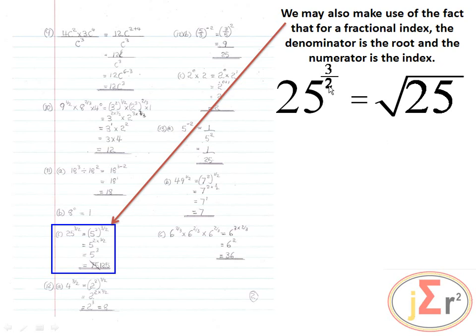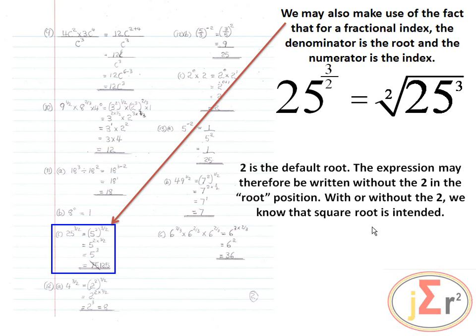The denominator is 2, and that will be the root, and the numerator is 3, and 3 is no doubt retained as the index or power. So we have a fractional index: the denominator is the root, and the numerator is retained as the power.